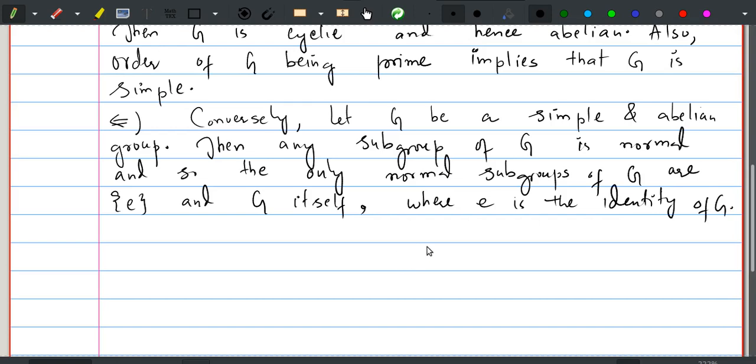Now let us consider an element x in G which is not the identity element.